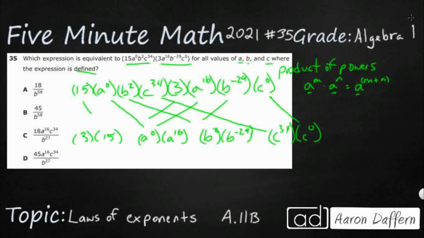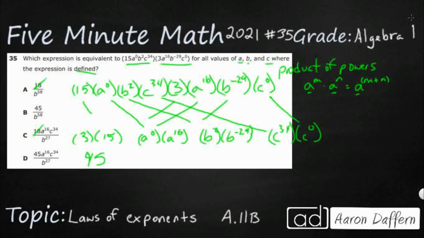All right, now I've rearranged things, but now things are going to make a little bit more sense, okay? So 3 times 15, right, that's going to be 45, right? And so, look, I can already get rid of A and C, because look what they did. They just added 3 plus 15. Come on, we're multiplying.